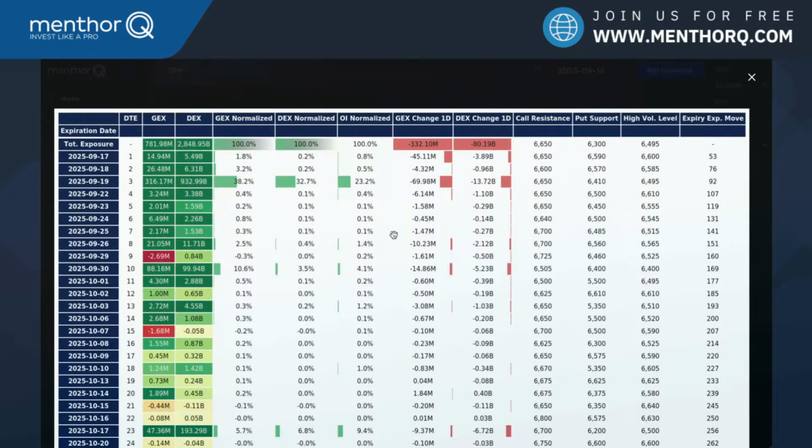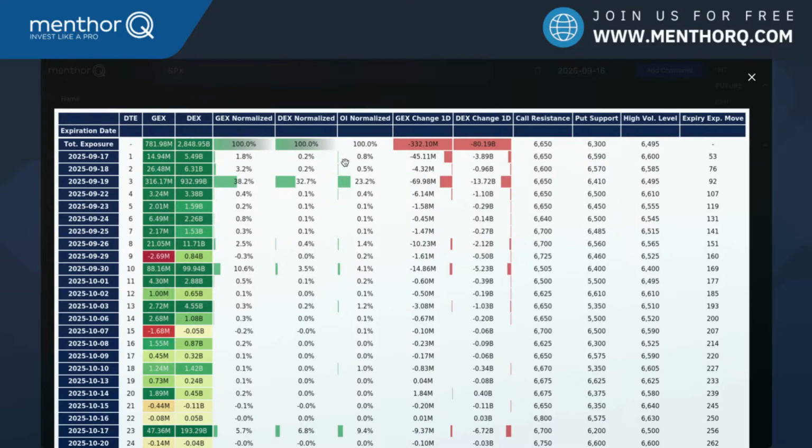What this table does is really simplify what's happening at each expiration of the option chain. First, we are calculating the total gamma and total delta of that particular expiration. Here you see the number of days to expiration, so you have our 0DTEs, etc. And then you have three important columns here, which are the GEX normalized, DEX normalized, and open interest normalized.